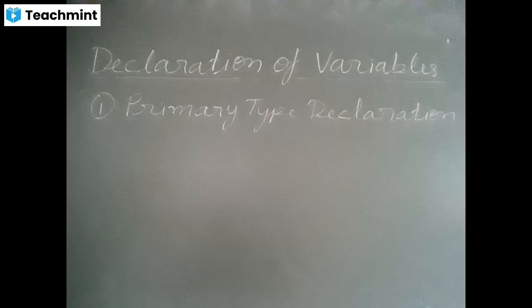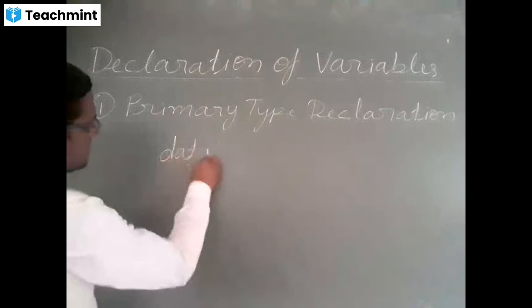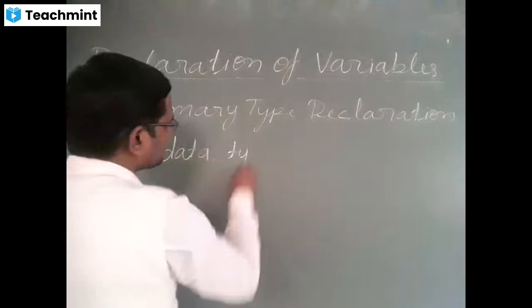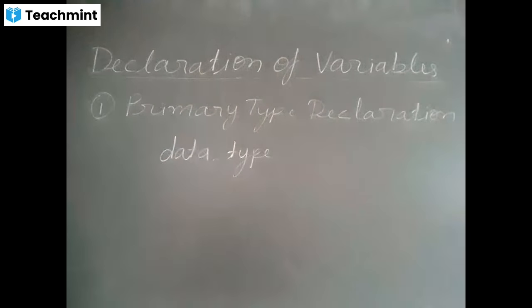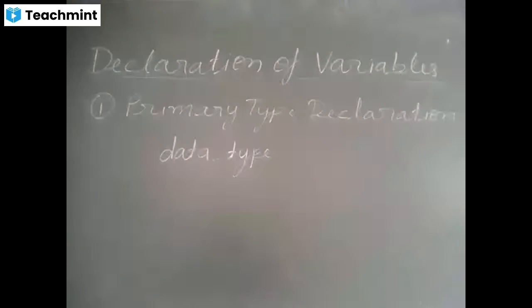So let us see the first type, the built-in or primary type declaration. In this declaration, we simply write the data type. The data type tells the compiler what type of value is held by the variable.